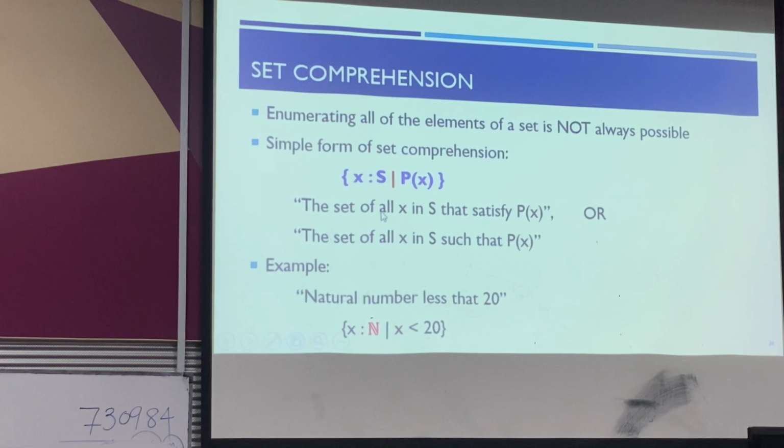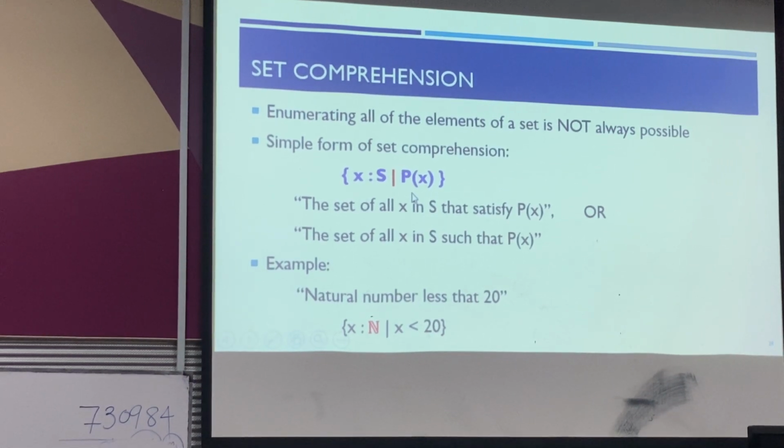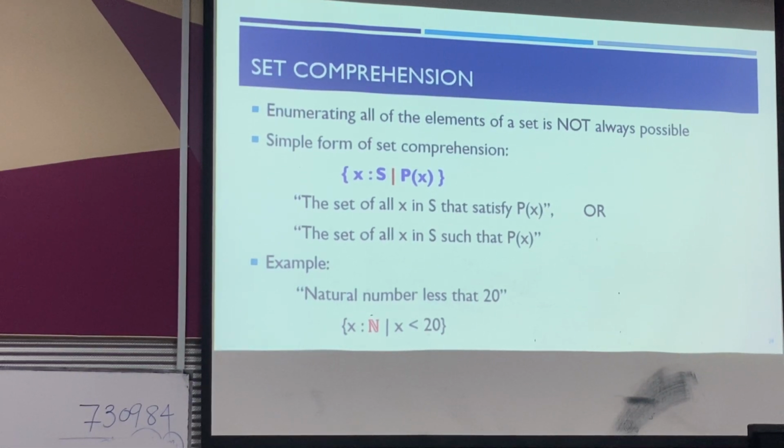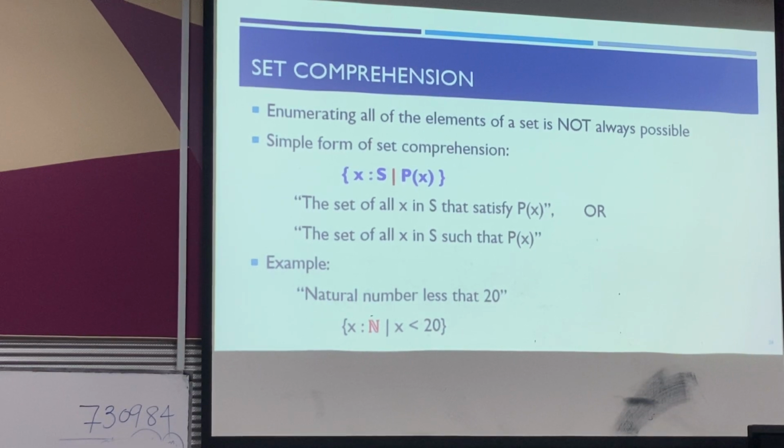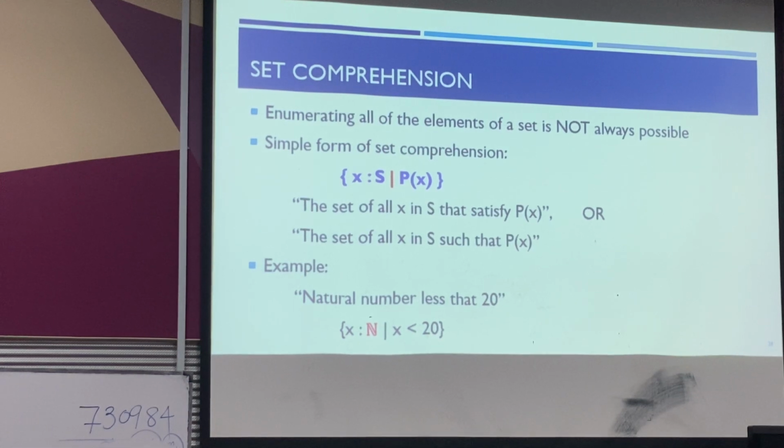Then you have the bar, and then the second part is the predicate part, which can sometimes be constraints or a function. Normally, if you have the bar, the second part will be more on the constraint, the condition. So the simple form is like this.